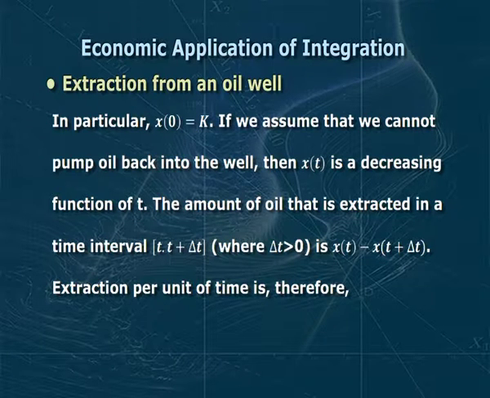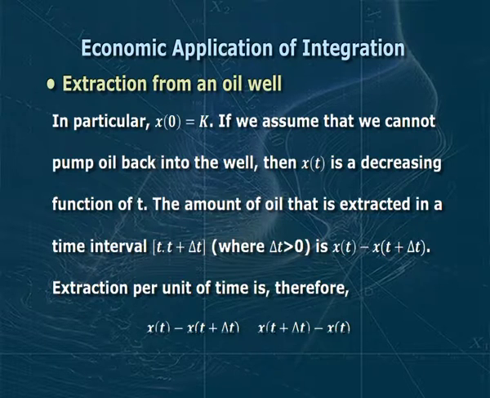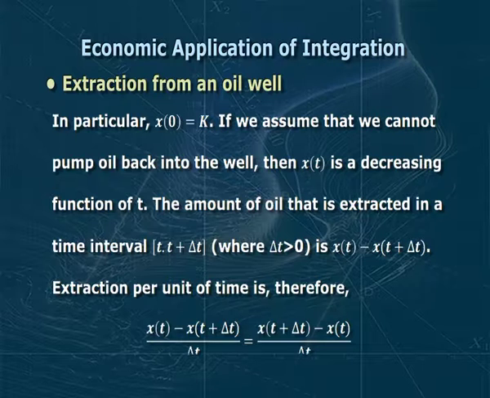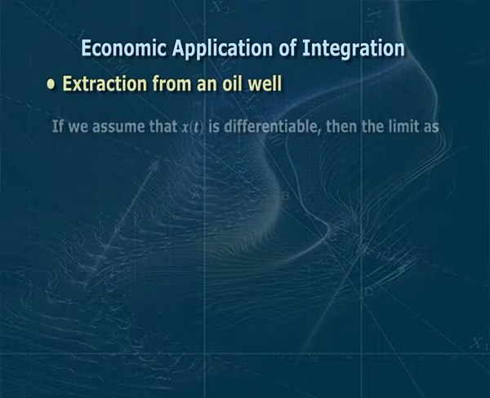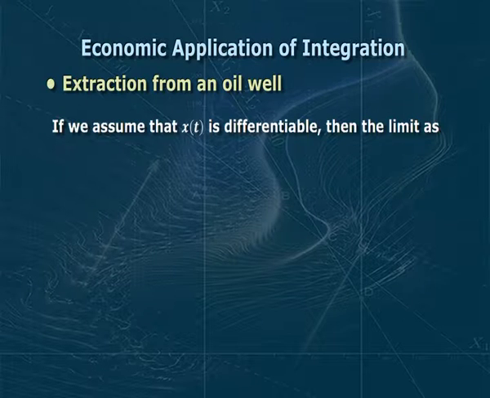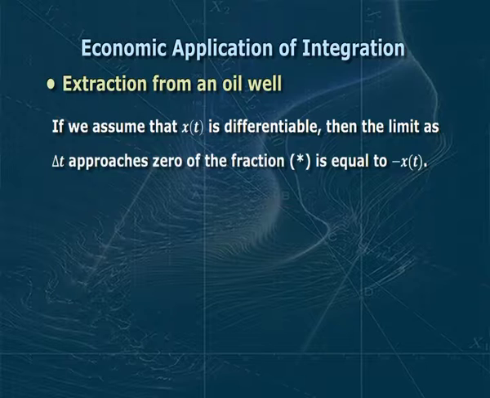Extraction per unit of time is therefore x(t) minus x(t plus delta t) divided by delta t, which is equal to x(t plus delta t) minus x(t) by delta t, with a minus sign. If we assume that x(t) is differentiable, then the limit as delta t approaches 0 of the fraction (*) is equal to minus x'(t).